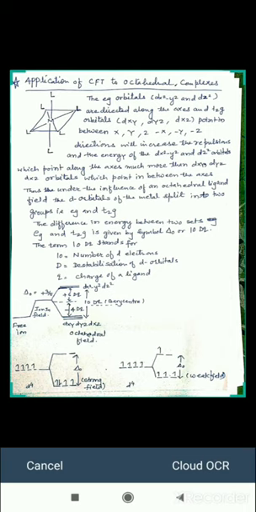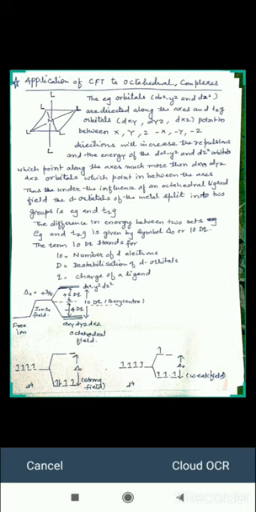In valence bond theory, the d subshell is divided into 5 orbitals and 10 electrons. But now CFT says that the 5 orbitals are again converted to 2 sets.